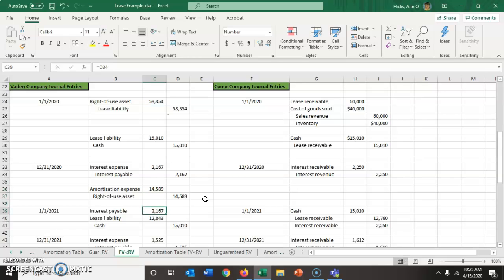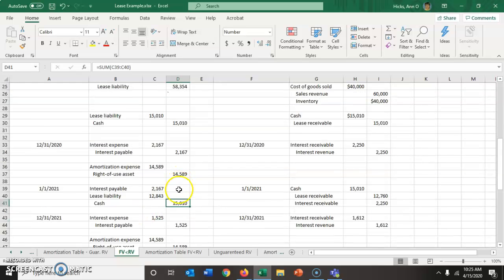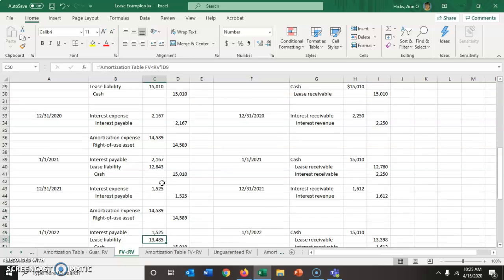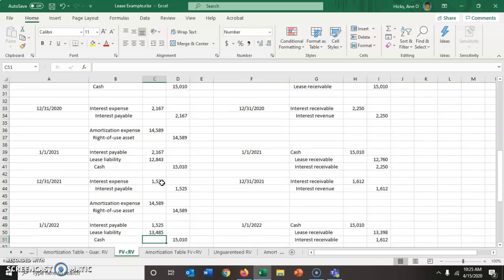So no real difference with any of these entries. January 1, we'll debit interest payable, debit lease liability, credit cash, and so on and so forth. So the process throughout the lease term hasn't changed, only the dollar amounts because of a revised liability amount.